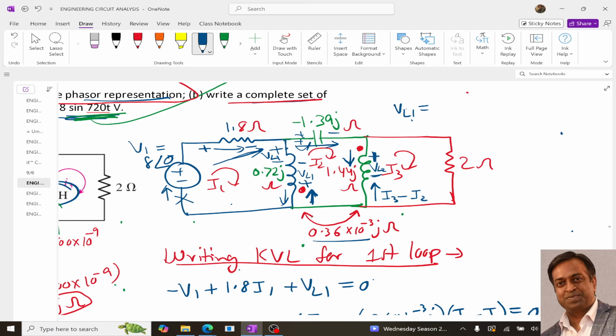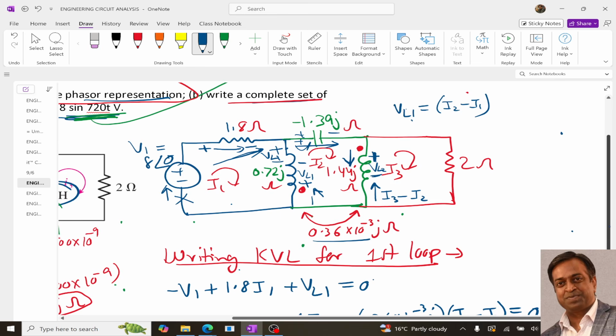If the current is I2 minus I1, then the overall current will flow from bottom to top, keeping this polarity positive, right? So the current will be I2 minus I1 into the impedance, which is 0.72J.